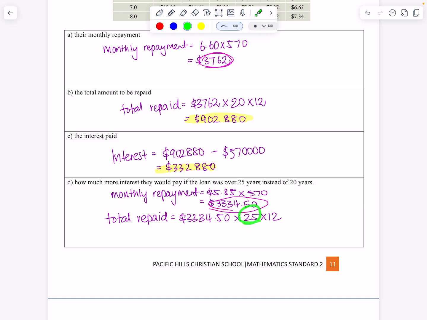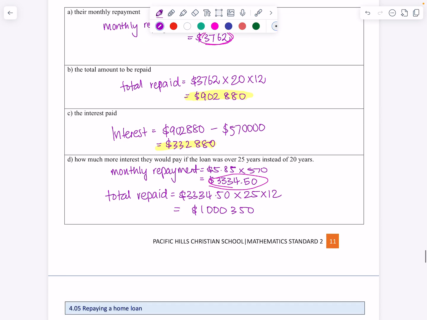So 25 years is 25 times 12 months, and that will total $1,350,000. So over 25 years, that is how much is paid in comparison to, remember, the total repaid over 20 years was that much. And so over a longer period of time, you clearly do end up paying more interest.